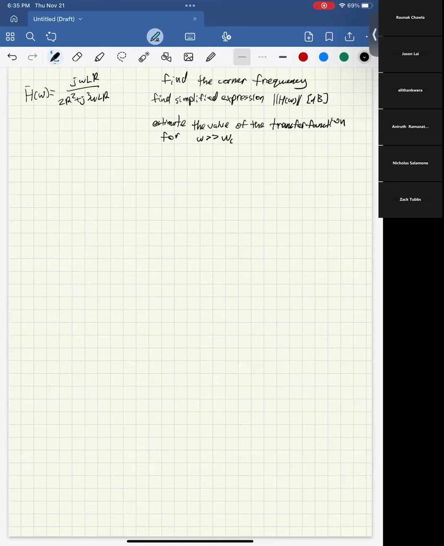So first, we want to find that corner frequency. So how would we get started with that?